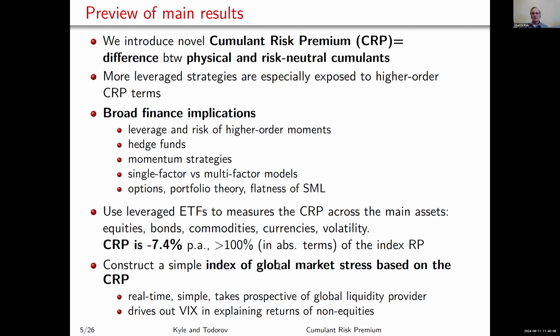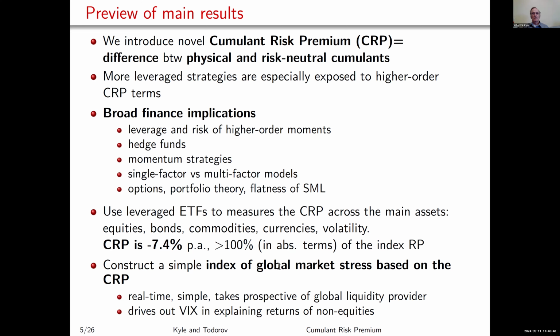And we're going to make the point that these leverage strategies, just like the previous couple of figures have illustrated, leverage themselves up linearly with respect to, let's say, the risk premium you get from just the first order term involving the mean. But they leverage themselves up with these higher powers, like beta cubed, when you want to measure their exposure to higher order moments. And so, we think that there are a lot of interesting things that go on in finance that are associated with these higher order moments.